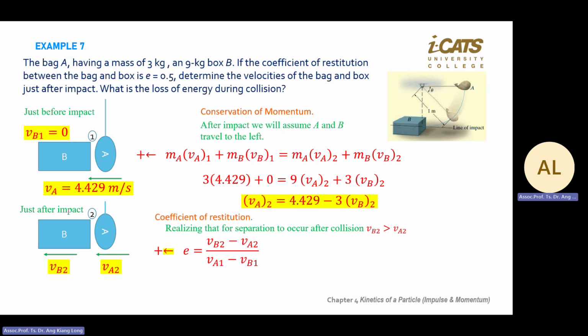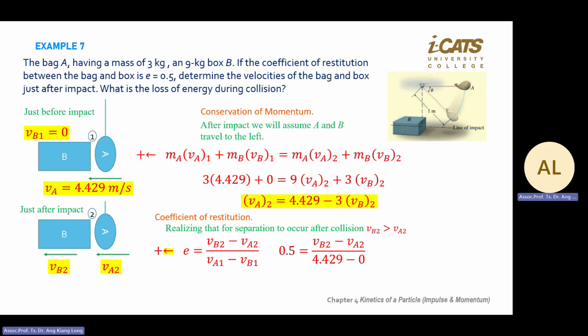So VB2 minus VA2, you don't know, but you know the E is 0.5. VA1 is this one, 4.4. VB1 is what? 0. Because the box does not move. Then you solve. You have two equations here. Solving simultaneous equations.